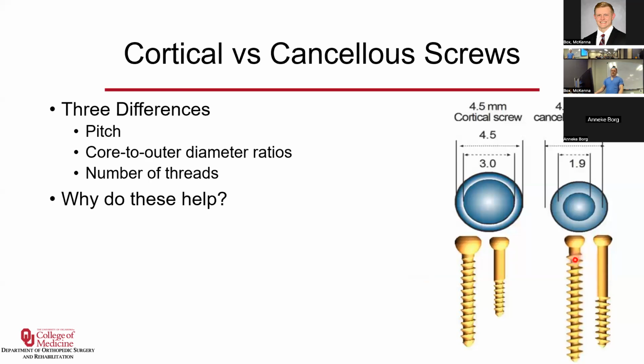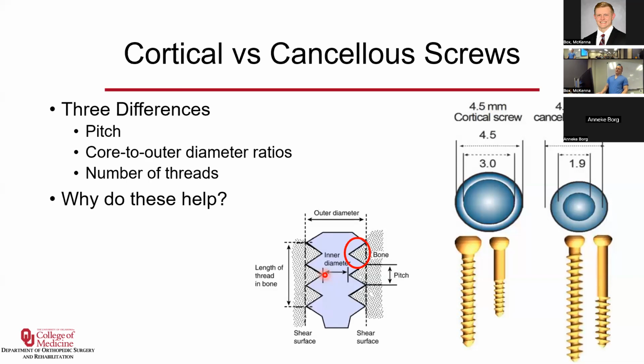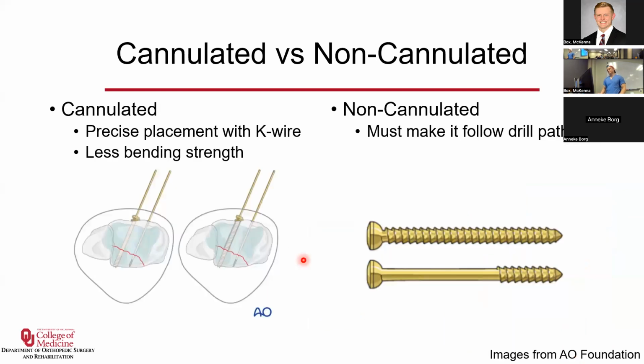How I like to think of it is that cancellous bone is less dense and cortical bone is more dense, and you want the same amount of bone under the threads. So if the bone is less dense, in order to get the same amount of bone, you want more room here. That's how changing these factors allows you to do that.